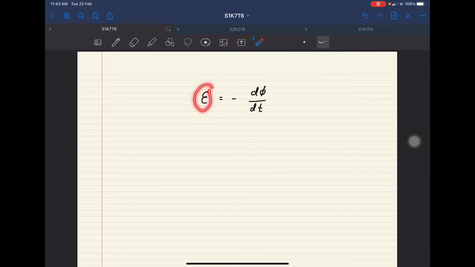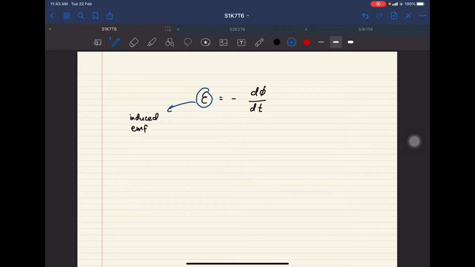This one actually represents induced EMF. We call this symbol epsilon, and this represents induced EMF. Like I told you before, the induced EMF only occurs when you have a change of flux.